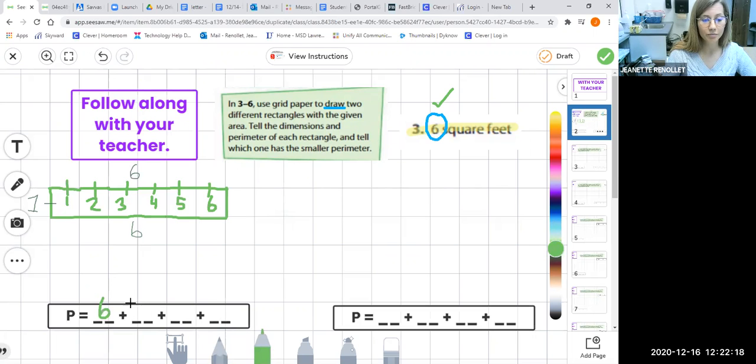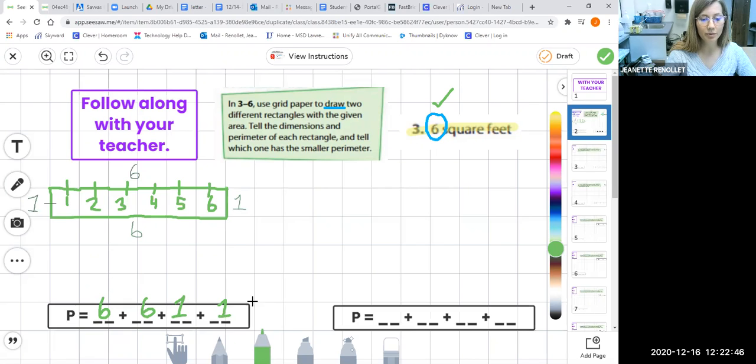6 plus 6. And now I know my widths. I've got 1 on one side, a unit of 1 on the other side. So I can add my widths to my equation. 6 plus 6 plus 1 plus 1.